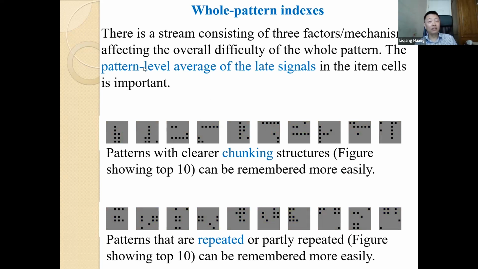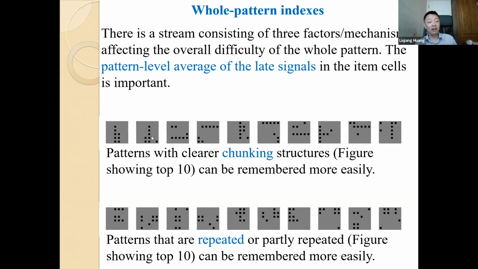And we also have what I call whole pattern indexes. Whole pattern indexes have three subcomponents. The first is that the average of all signals also matters. It means that if a pattern has a few high signal items, then that will further help all items.